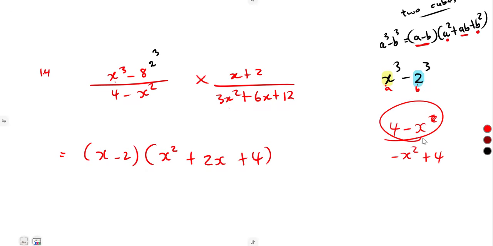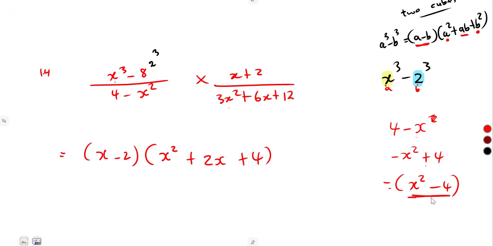We haven't changed anything. But minus x squared, take note, this is minus, not a positive like these ones. Positive, positive, positive. Here the x squared is carrying a negative. So to make it positive, you can factor out that negative. So it's going to be x squared minus 4, divided by minus, that's a minus 4.